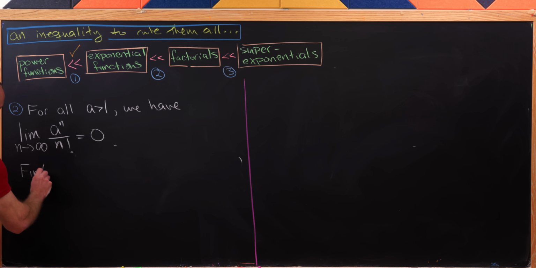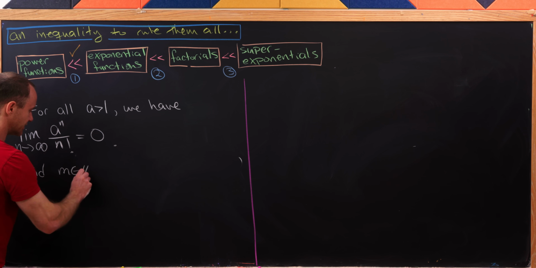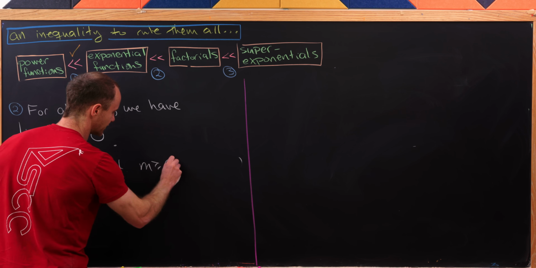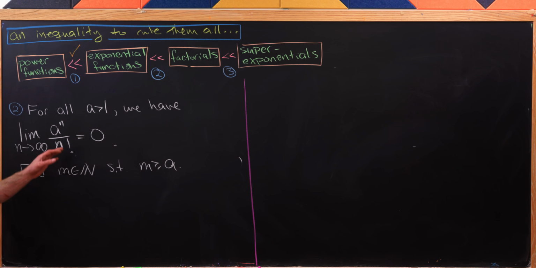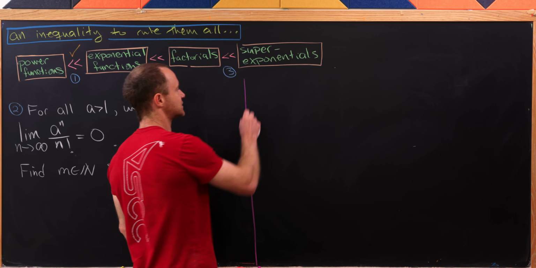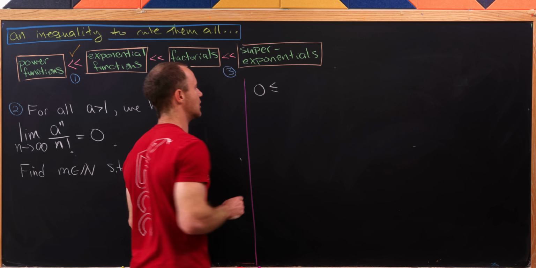So let's find some natural number m such that m is bigger than or equal to a. So again, a is a real number that's bigger than 1. We can always find a natural number larger than a real number. Again, that's by the Archimedean principle. And now we're going to set off our inequality argument again. So let's pin everything below by 0.